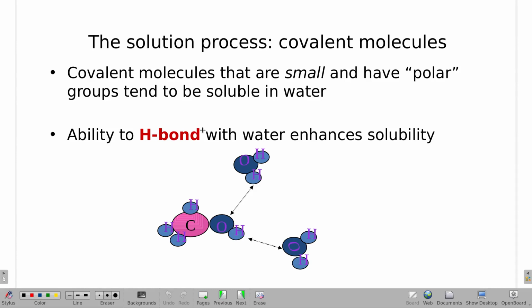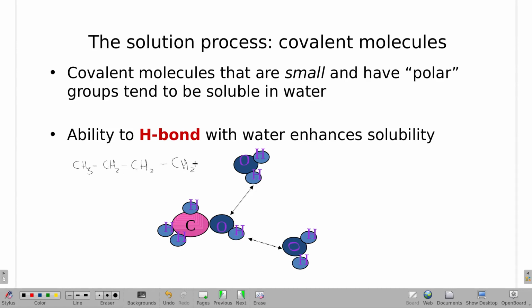And the same thing happens with organic molecules or covalent molecules as well. The one listed in this picture down below is actually methanol: a single carbon with 3 hydrogens and an OH. Turns out that OH allows methanol to hydrogen bond with water, which greatly enhances the solubility. Now, having just an OH isn't always enough, because if I add more carbons, so instead of just one carbon, I'm going to draw this wonderful molecule. This is called butanol.